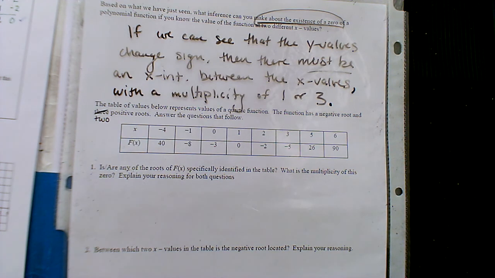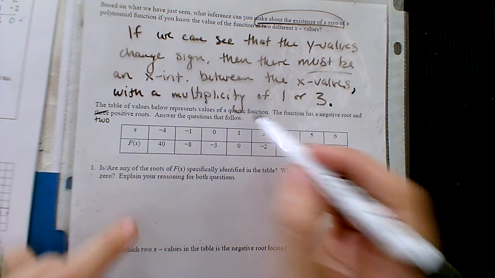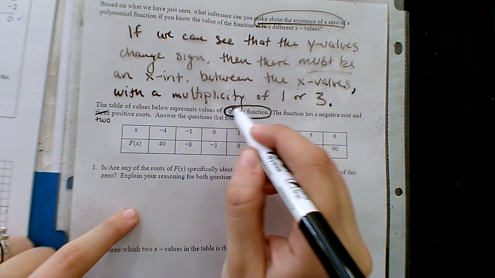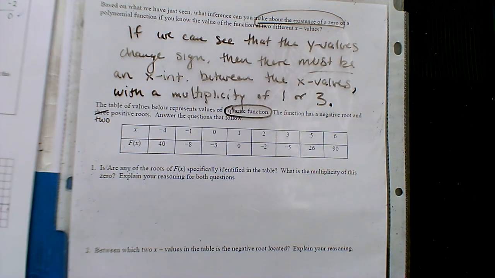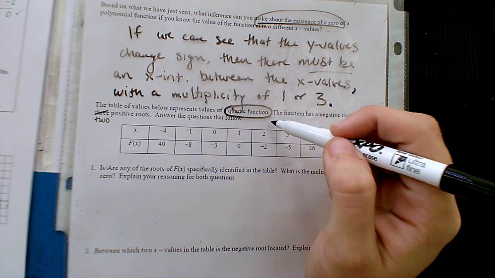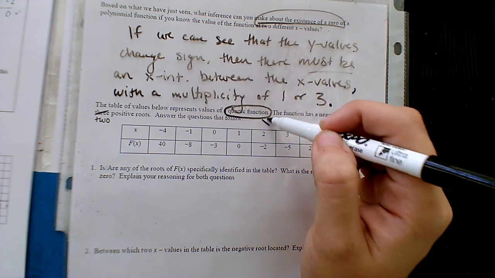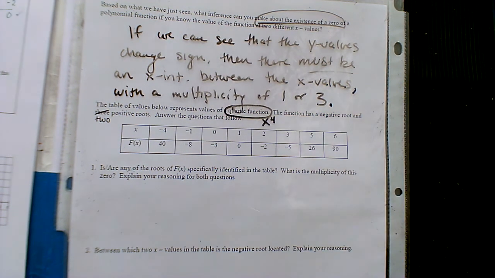All right, so looking at this table of values, it says that it represents a quartic function. What does that mean? Quartic, you think, Eli? There are 4 multiplicities. Power of 4. Okay, there you go. So the highest power we have is a 4.